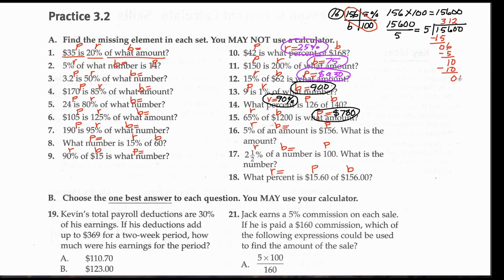Bring down the next 0. 5 goes into 0 is 0. So that means the base is 3120. In this case, it's money, so let's put money, $3,120, and we circle that.